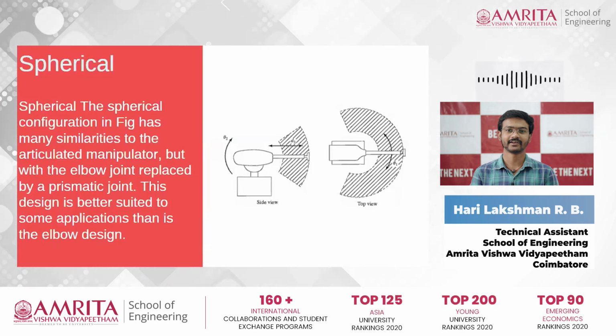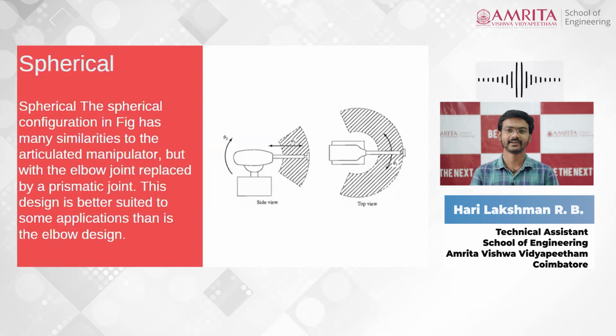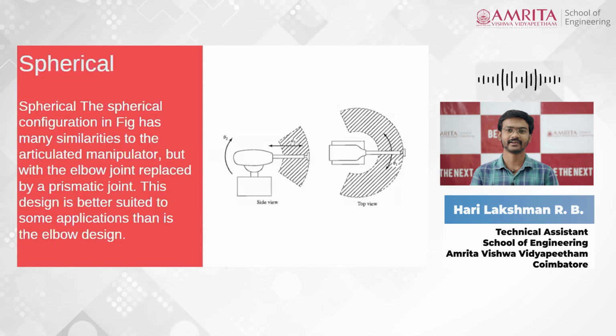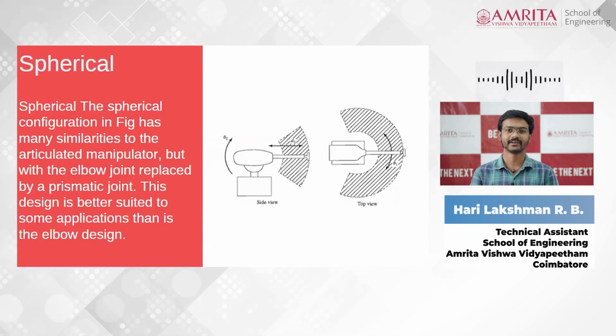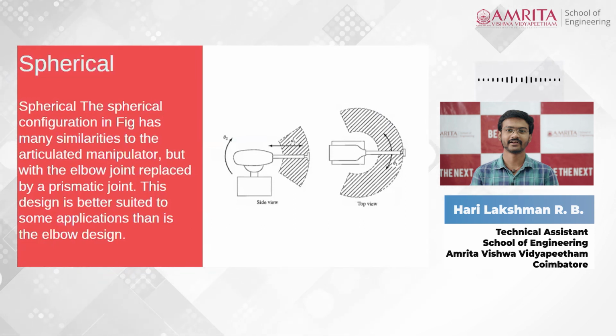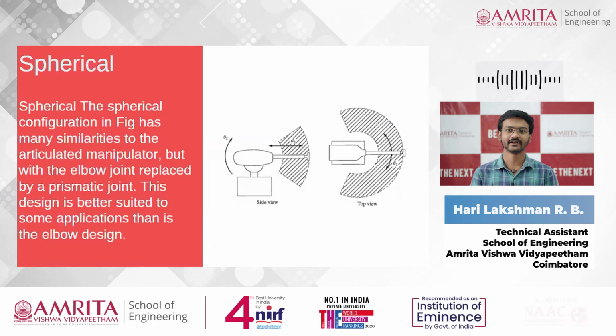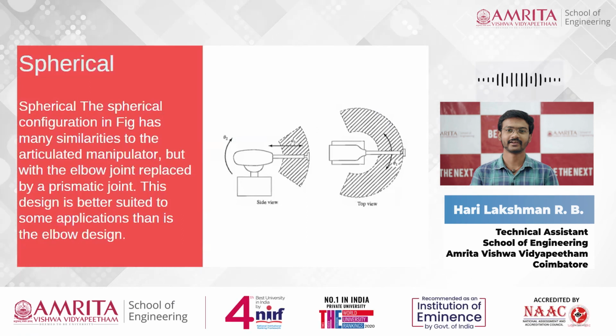The link that moves prismatically might telescope or even stick out of the back when retracted. I'm really sorry I could not provide a video or GIF of a spherical manipulator. If you're interested, kindly look it up on YouTube to see how a spherical manipulator works.